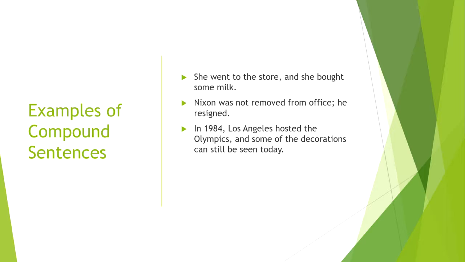In 1984, Los Angeles hosted the Olympics. Complete sentence. And also, some of the decorations can still be seen today. That can stand alone. So you have two complete independent clauses joined with a comma and a conjunction. That would be appropriate to use a comma there.